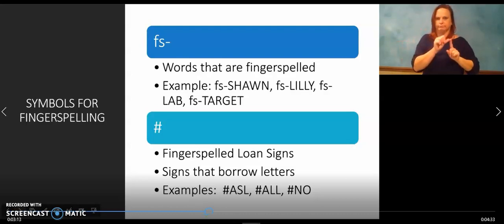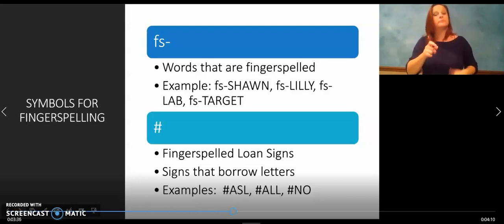Sometimes ASL borrows letters from the English language. Those letters become a sign. We call them finger spelled loan signs. Signed like this. For example, here are three.